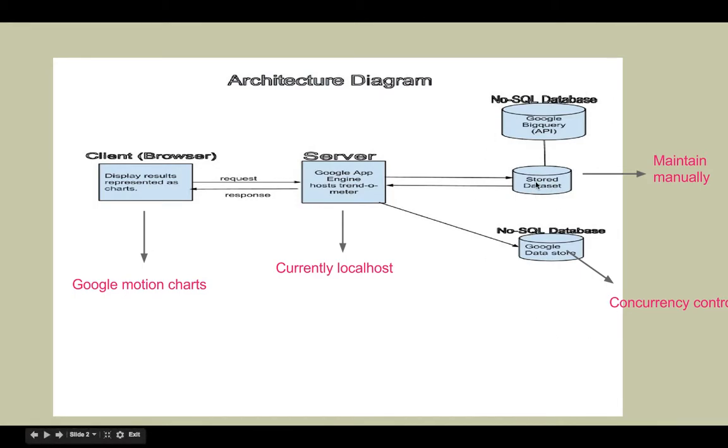This data store is pulling the results from Google BigQuery using its APIs. Google BigQuery is a NoSQL database. This is the first time I was working with it and understanding how and what Google BigQuery is about.